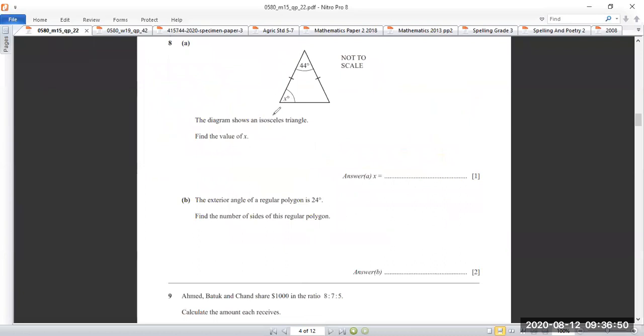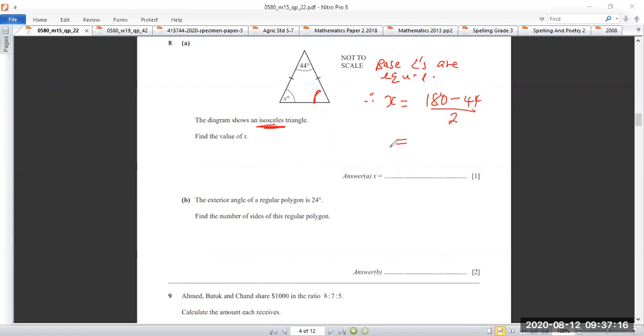Okay, number 8, we have a triangle there. We are told that it's an isosceles triangle. In an isosceles triangle, the base angles are equal. Therefore, x will equal 180 minus 44, divided by 2.